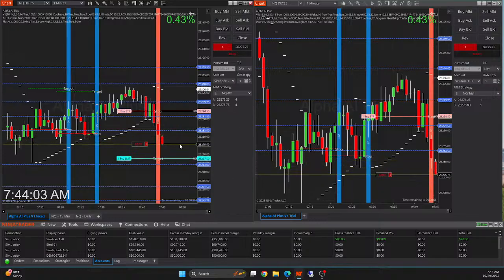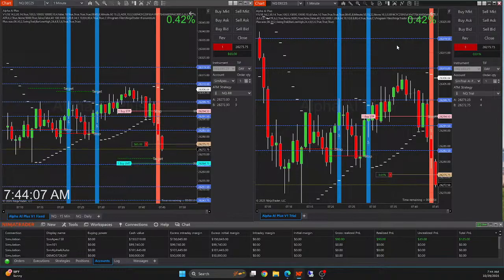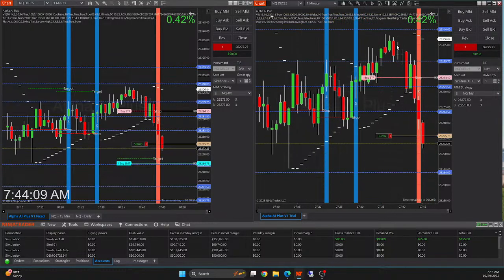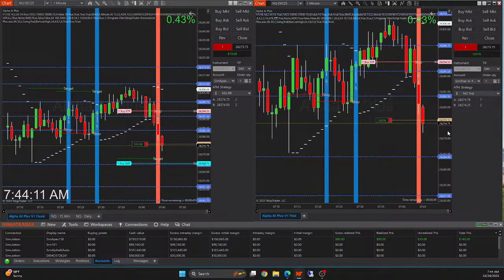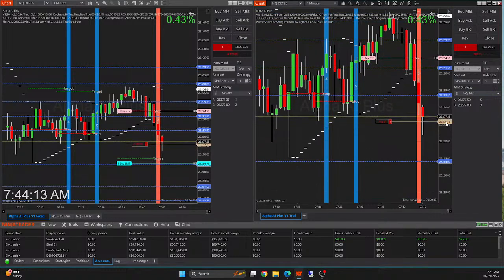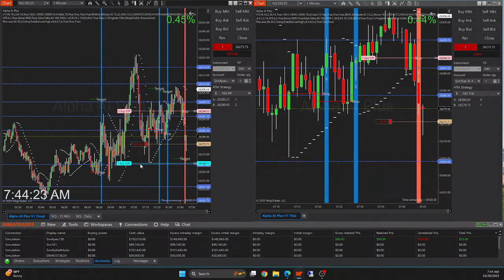The trade here is going to be our target right here at the area. And let's see. See this wick?